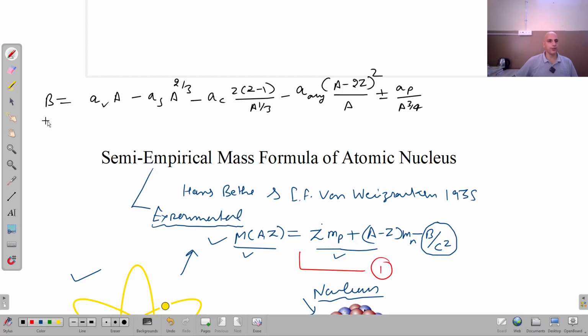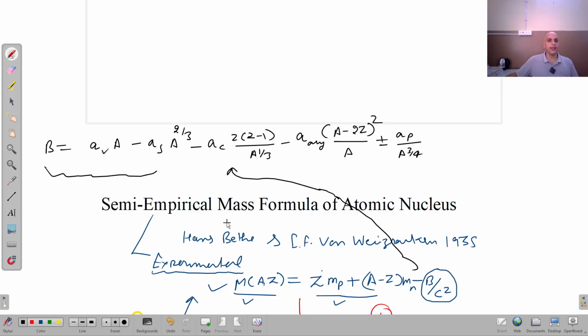So this is the expression for the binding energy that I have written here. Now if I put this expression in equation number 1, then I will get the formula for the total mass of the atomic nucleus. So I can write it here.